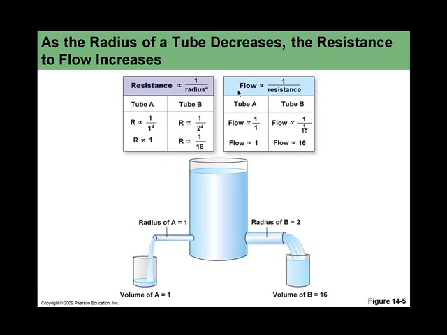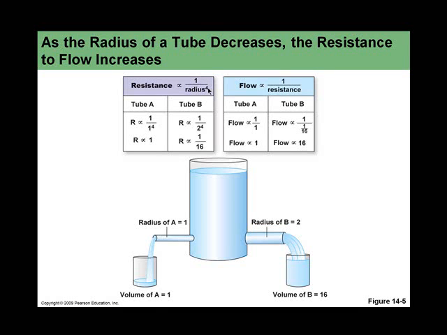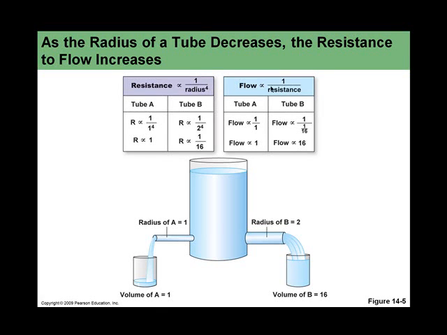Now we need to remind ourselves that flow is inversely proportional to resistance. What you should be doing right now in your mind is taking this 1 over radius to the 4th, this resistance, and inverting the whole thing, so resistance becomes 1 over flow.